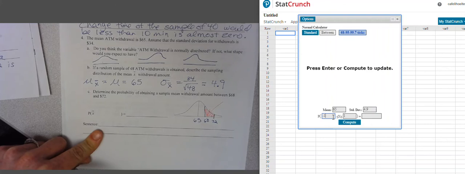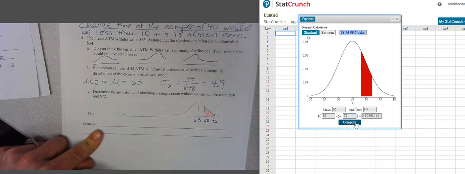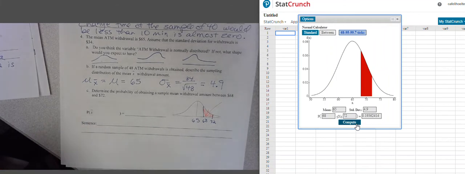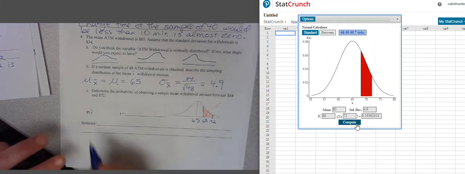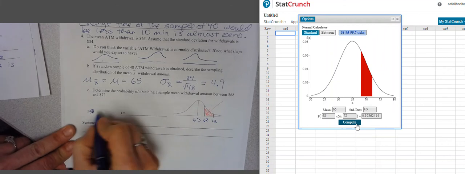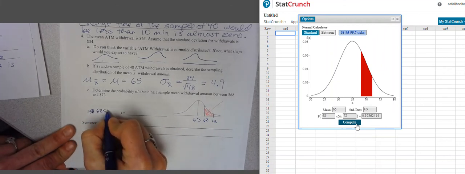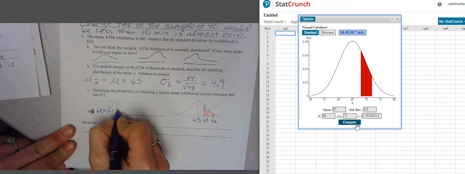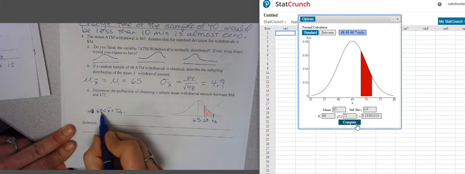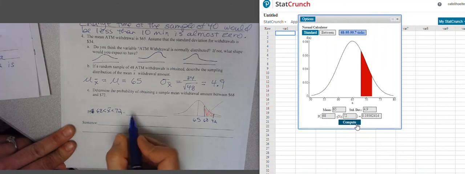And we are interested in the probability of getting a withdrawal amount between $68 and $72. And that area is 0.19. So we shall say, let me write this a little bit differently, that the probability that the average withdrawal will be between 68 and 72 is 0.19.